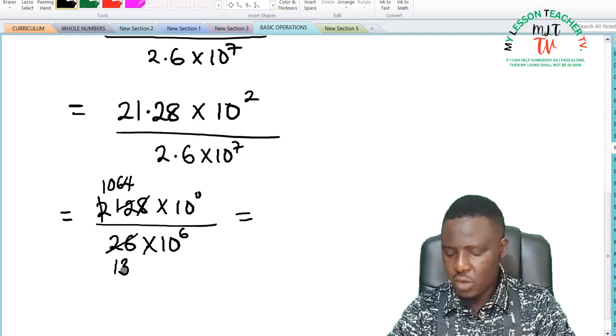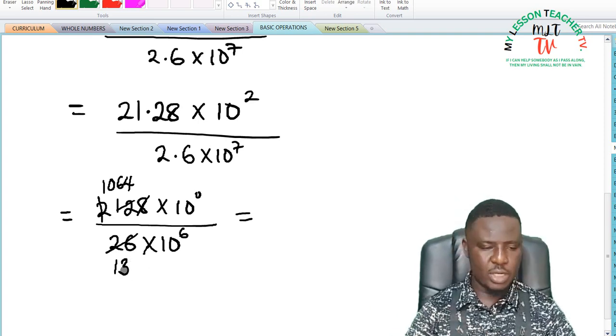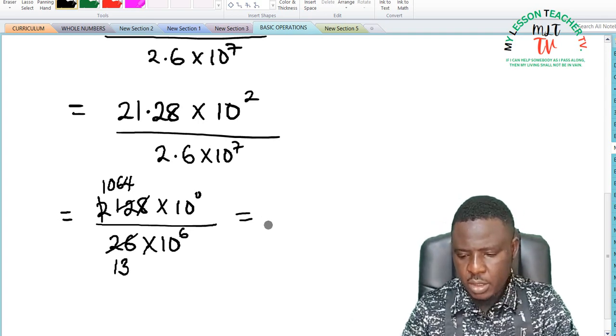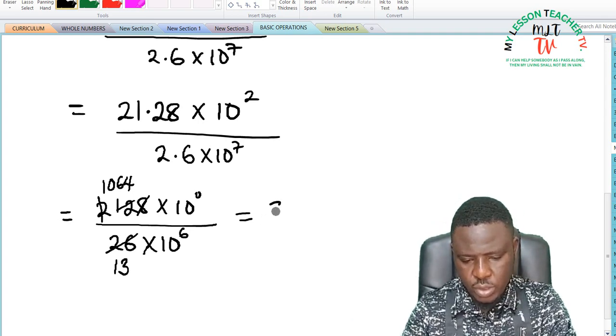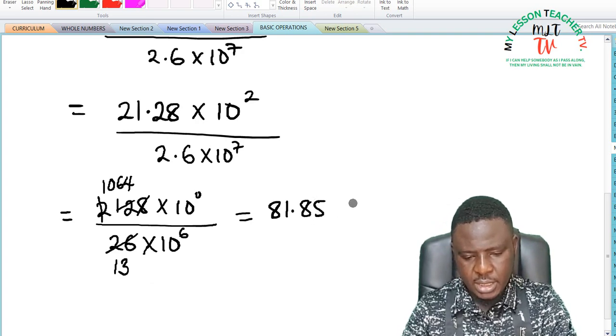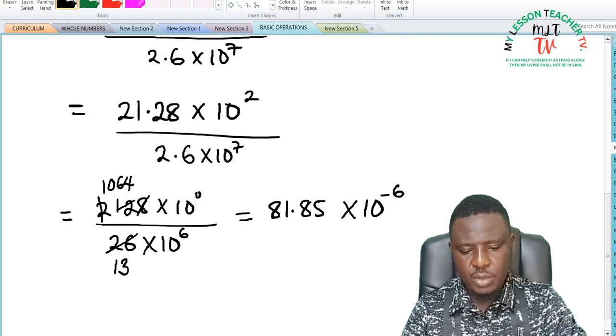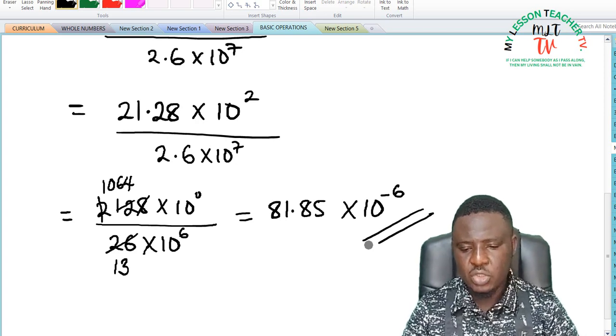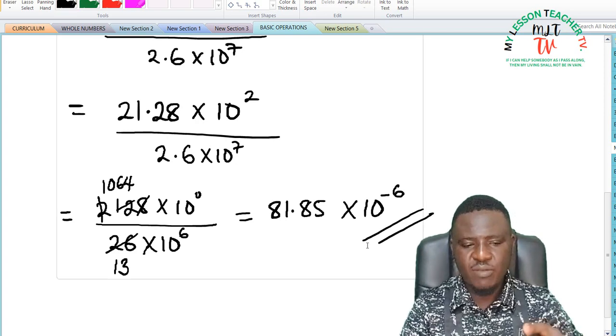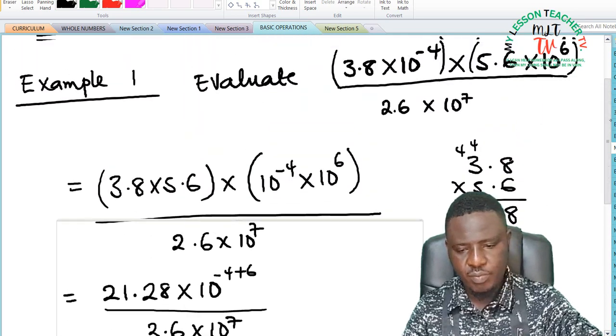At this point, let me make use of the calculator. So when you simplify, this is going to give you 81.85 approximately, times 10 raised to the power of 0 minus 6 gives us minus 6. So this is your answer when you are asked to simplify this.